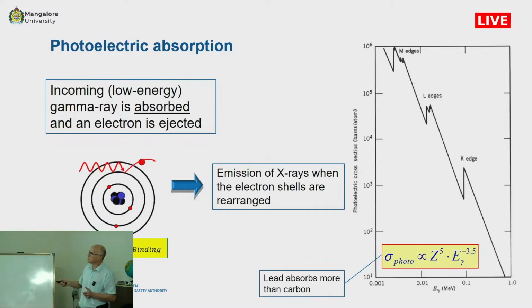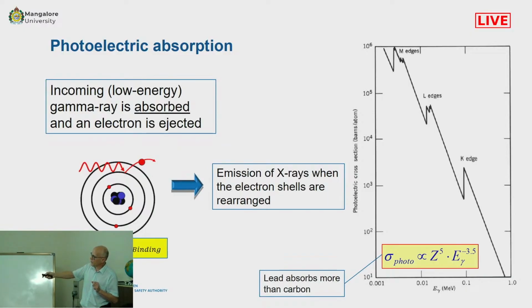This happens at very low gamma energies, less than 100 kiloelectron volts. So an incoming low energy gamma ray is absorbed and an electron is ejected. However, what happens here is that electron shells are rearranged.